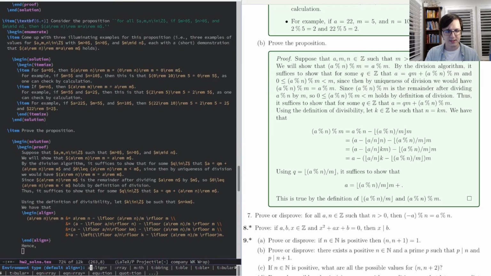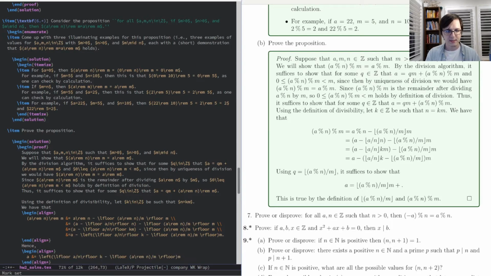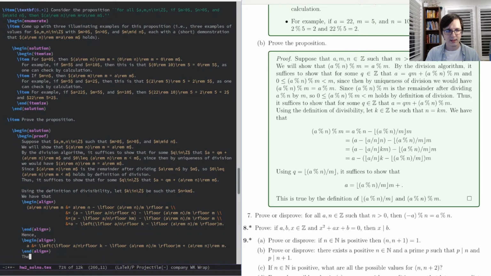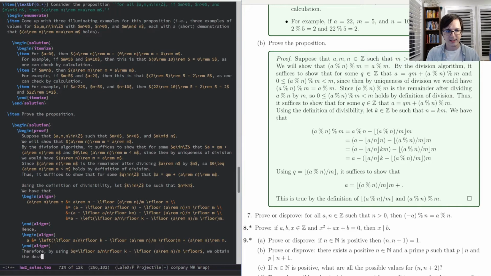Hence, let's just write it out nicely. We have a is equal to this times m plus this. Therefore, by using q equals this thing in the parentheses, we obtain the desired conclusion.